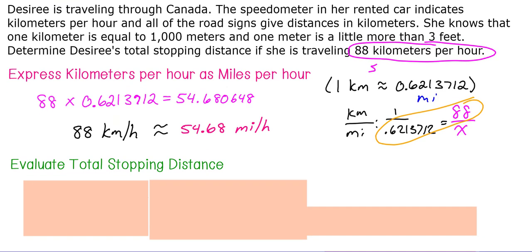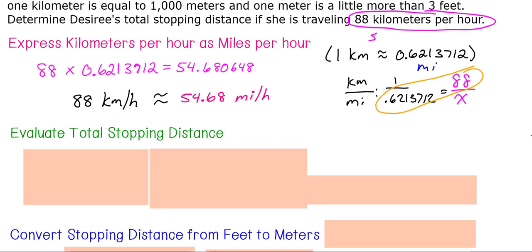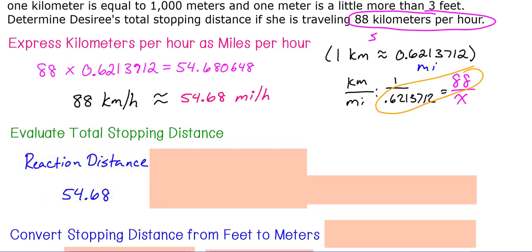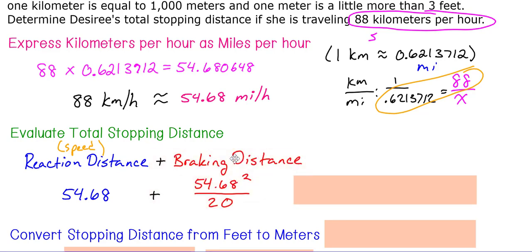All right, so next we want to evaluate the stopping distance. Okay, so our stopping distance would be our reaction distance. Remember, this is simply our speed written as feet. Okay, and then we want to figure out our braking distance. And remember, on our braking distance, we use that formula s squared divided by 20.